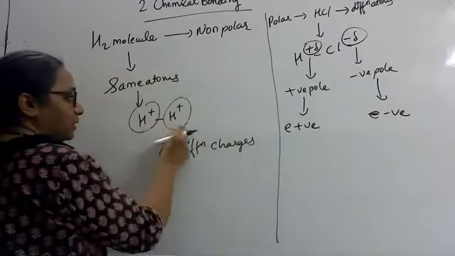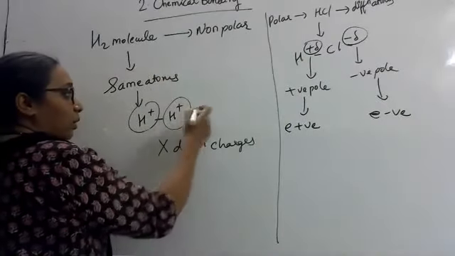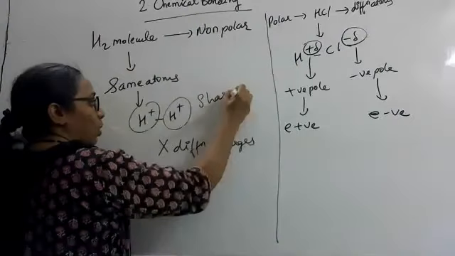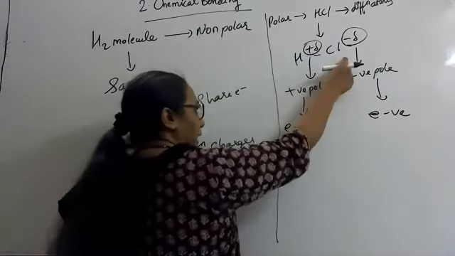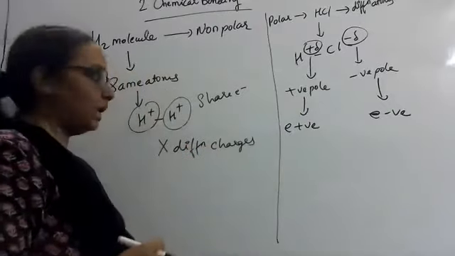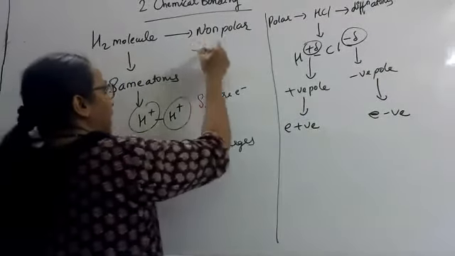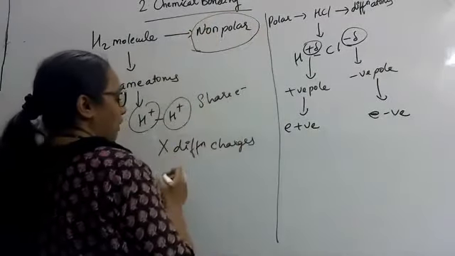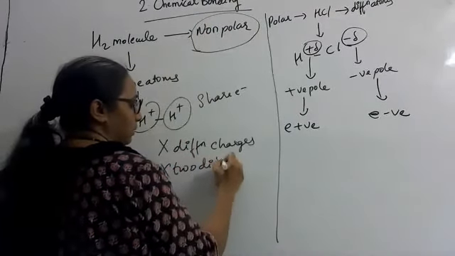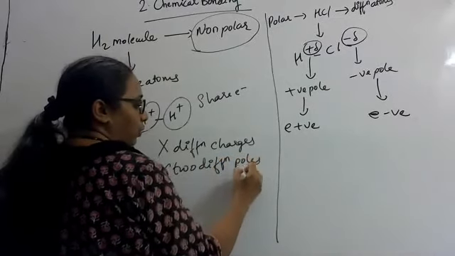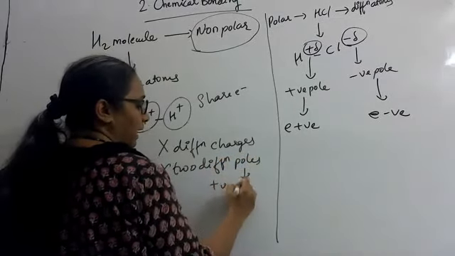Here both have plus charges, meaning they are going to share electrons, not donate electrons. Here one will donate and one will accept. Here they are going to share electrons. That is the reason why it is non-polar, because it does not form two different poles. Two different poles means one positive and one negative.